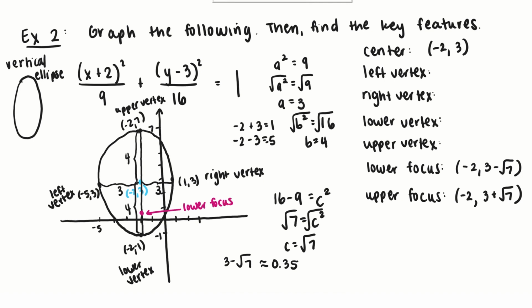And I can label that as (-2, 3 minus square root 7). And then if we used our calculator, we would see that 3 plus square root 7 is approximately 5.6. So then my upper focus would be at (-2, 5.6), which is around right here. So that would be my upper focus.